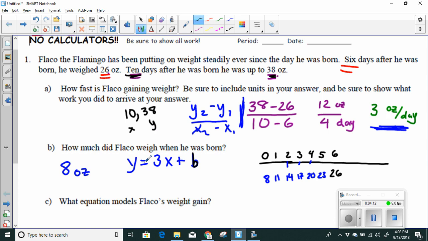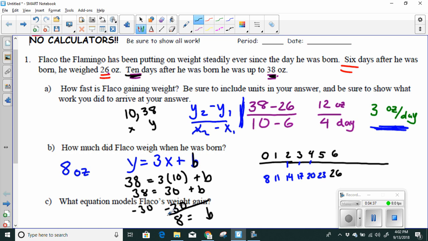So there's an x, there's a y. I could have said 38 equals 3 times 10, plus some mystery start value. That's 30, plus b. And then I could have subtracted 30 from each side. And again, we get that b equals 8. So there were 2 ways that you could have found that start value.